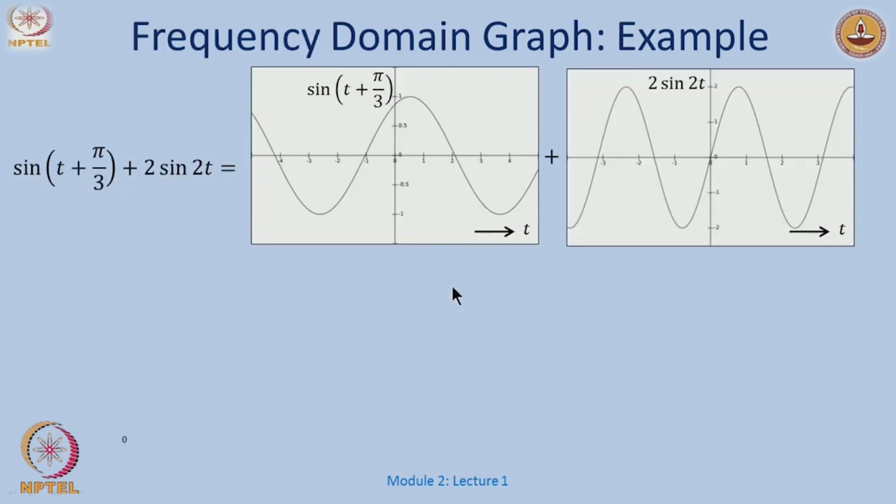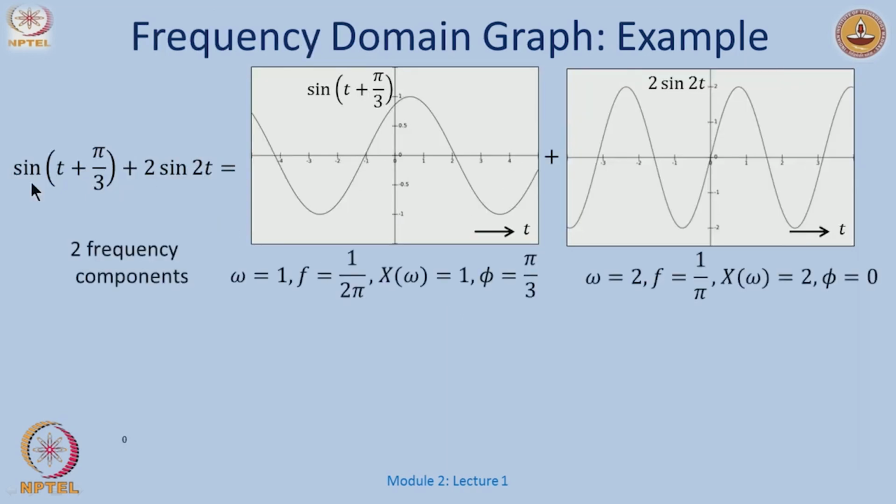So, what happens in the frequency domain? Here the signal is again composed of two signals: sin(t + pi/3), whose graph looks like this, and sin 2t, which looks like this.